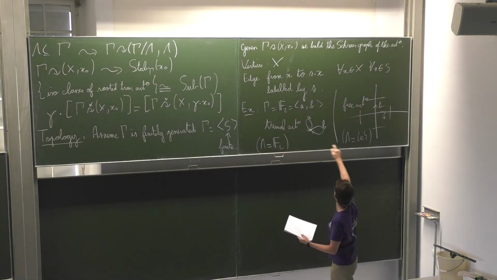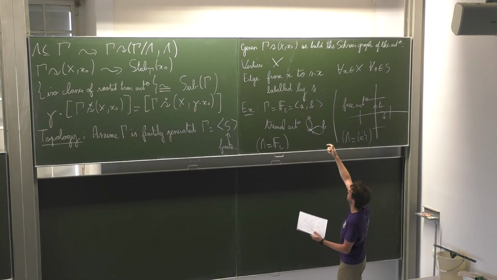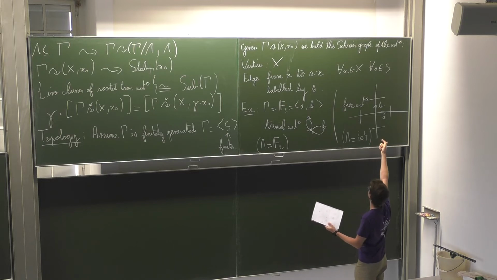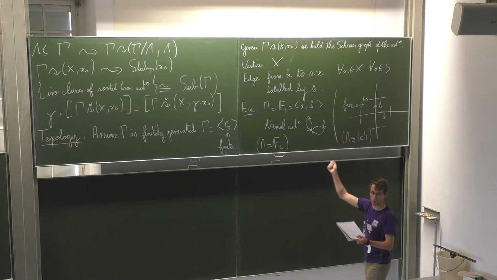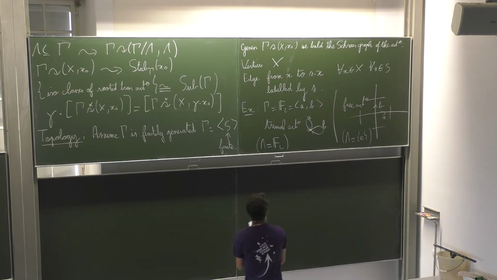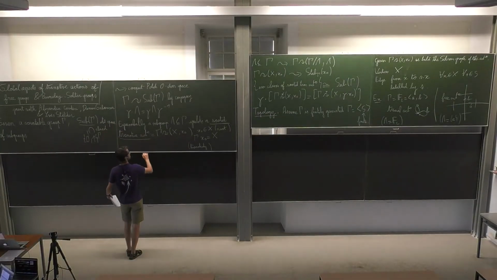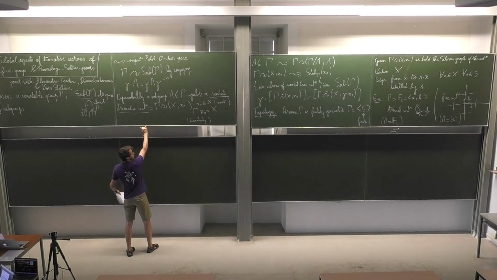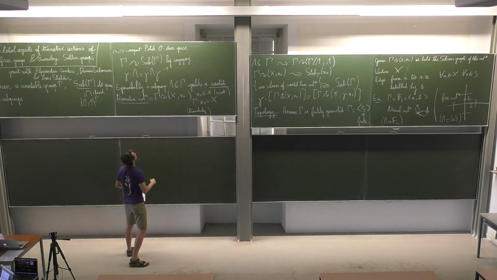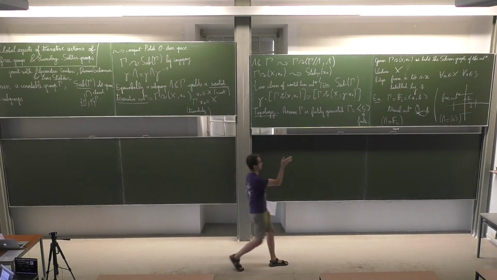These two groups are normal subgroups, and in particular, if I view things geometrically, this means that wherever I put the root, I always see the same graph. And in this talk, again, we'll be interested in a different kind of behavior. But let us go back to our initial question of understanding the topology.